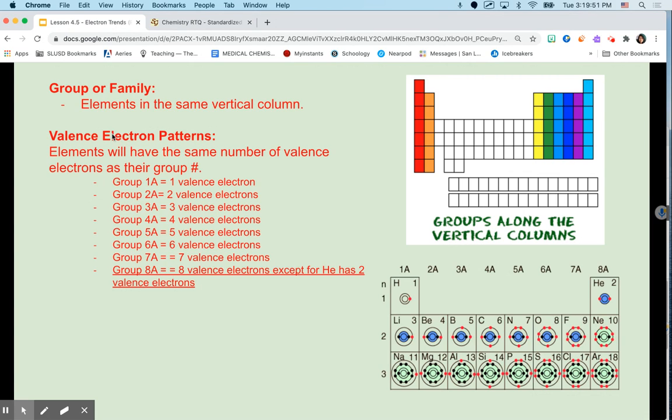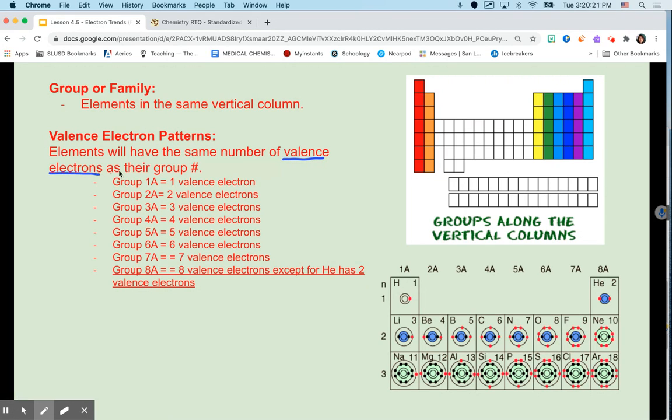Okay, so another thing you should know is that elements in the same group have the same number of valence electrons. So before, when we had to figure out how many valence electrons an element has, we had to draw it out to see how many valence electrons. And by valence electrons, I mean electrons that they have in their outermost shell.